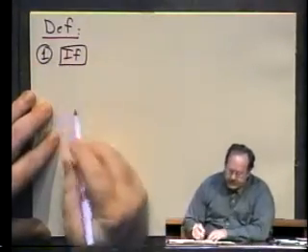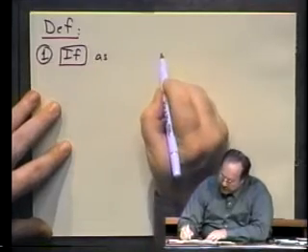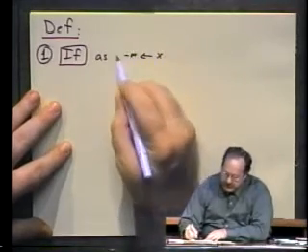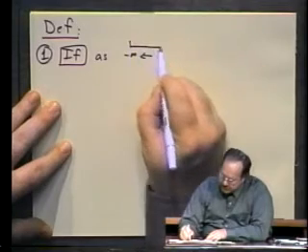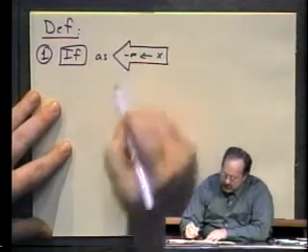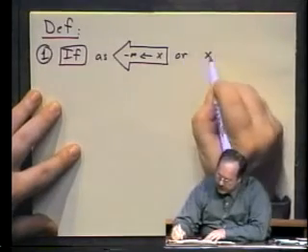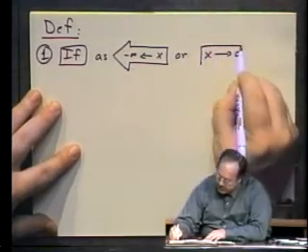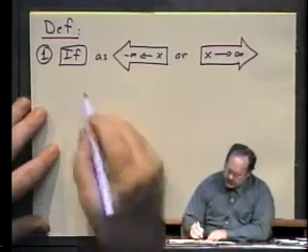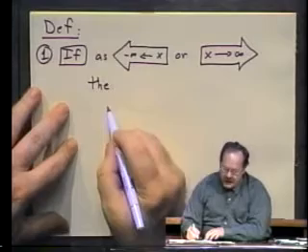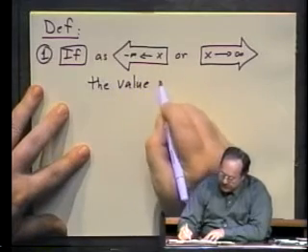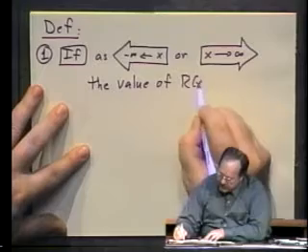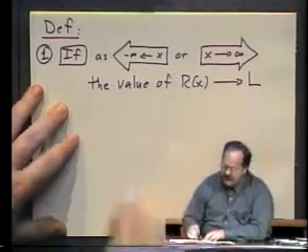So let's start with the definition. There'll be 3 parts to this definition. Here's part 1. If, as, let me write my little arrows again, as x goes to negative infinity, so we're talking about a big arrow to the left, or as x goes to infinity, in this case it's a big arrow to the right, if, as one of those 2 things happens, the value of r of x does not go to infinity, but actually approaches some real number.